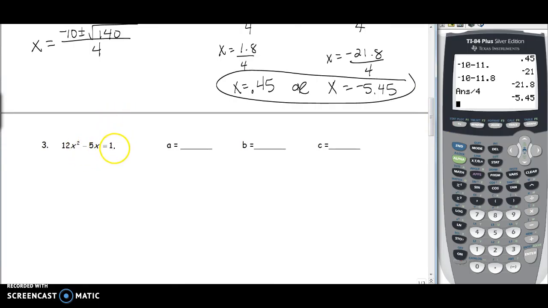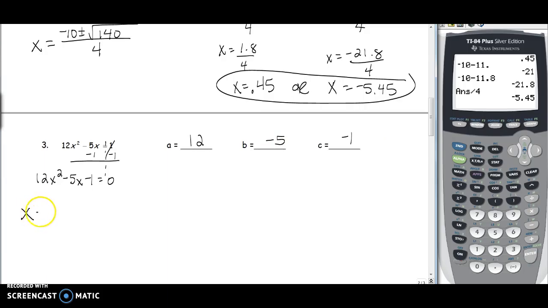Again, our numbers are not all on the same side, so we have to subtract 1. And so we have 12x squared minus 5x minus 1 equals 0. So a is 12, b is negative 5, and c is negative 1.